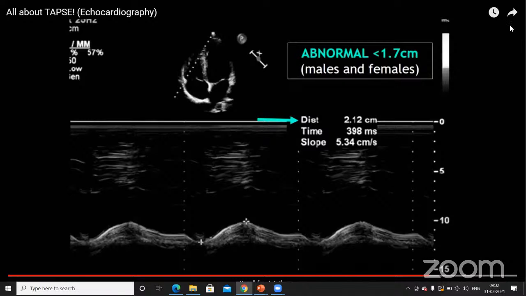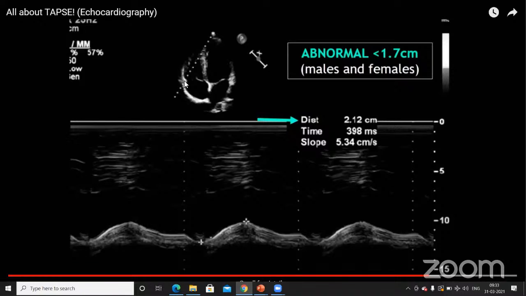So we've learned the RV systolic function. The systolic function of the RV you want to check, you go to your apical 4-chamber view. You press your M mode such that the line falls on the lateral free wall, or the RV free wall, at the junction of the tricuspid valve.